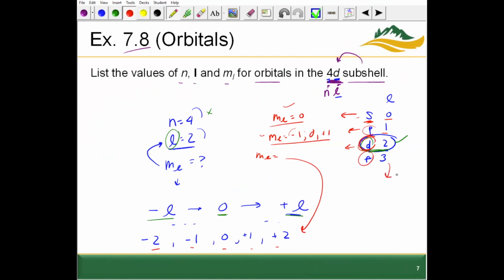How does that make sense for f? Well, m sub l can be -3, -2, -1, 0, 1, 2, 3. That is indeed 7 different options, 7 different numbers, which makes sense for the 7 different f orbitals.